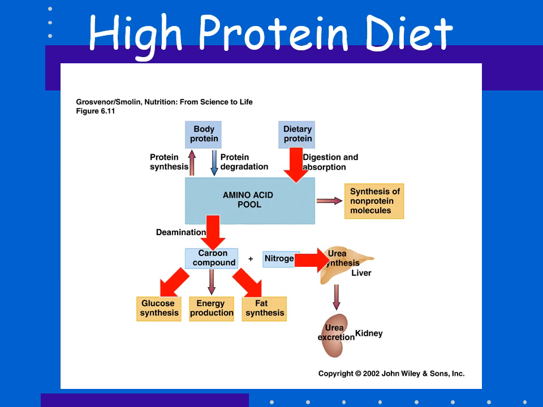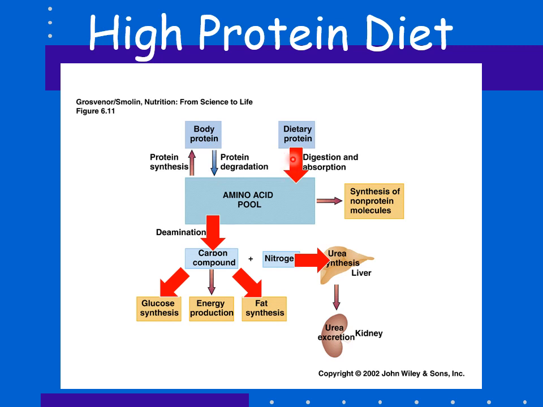And our last scenario is for a high protein diet. So in this case, you're well fed, but you've got very high levels of intake of dietary protein. So hence I've got a big fat red arrow here. Because you're well fed, your body's turnover of protein will be relatively constant. So you'll be synthesizing and breaking down body protein at about the same rate.